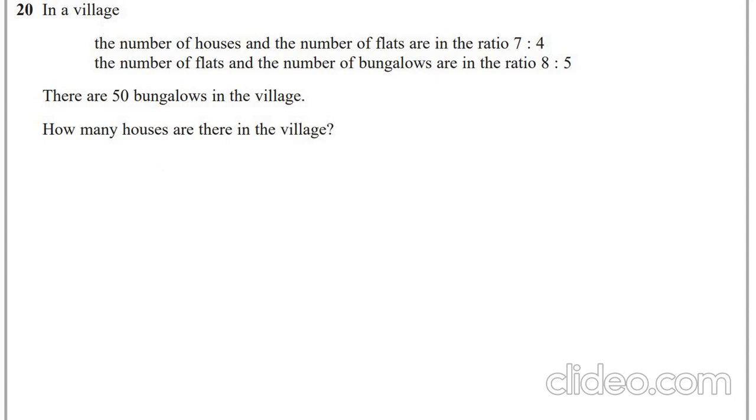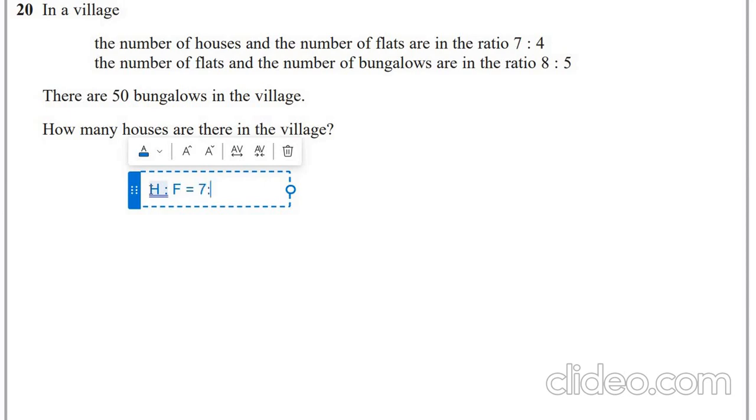Well, so the ratio of houses to flats, that is 7/4. And the ratio of flats to bungalows is 8/5.